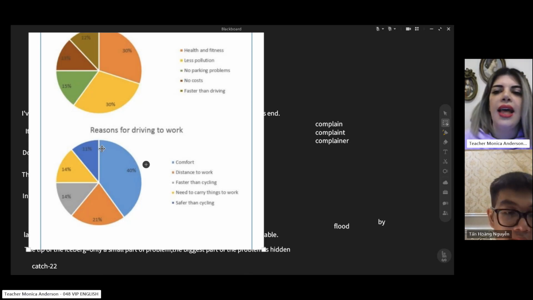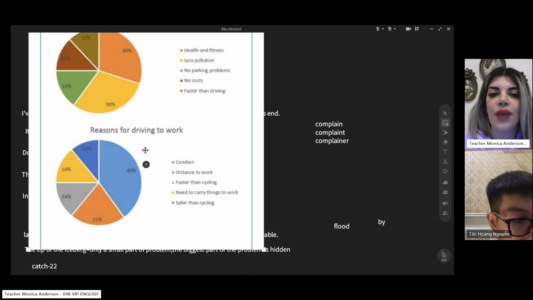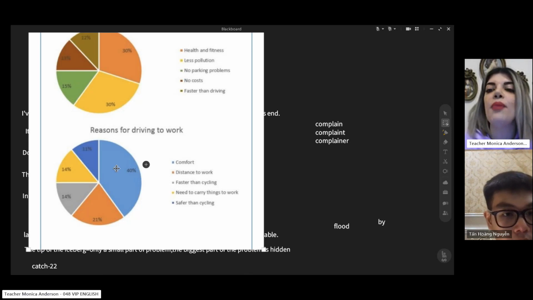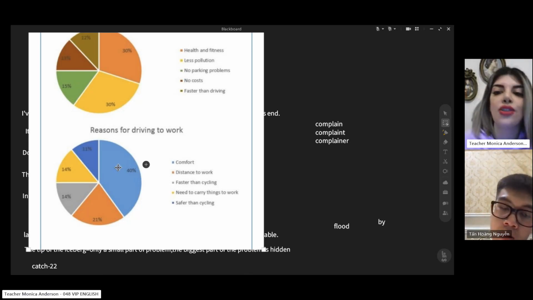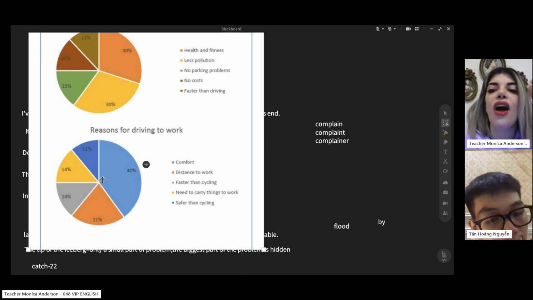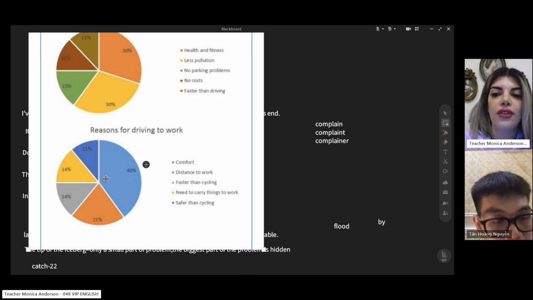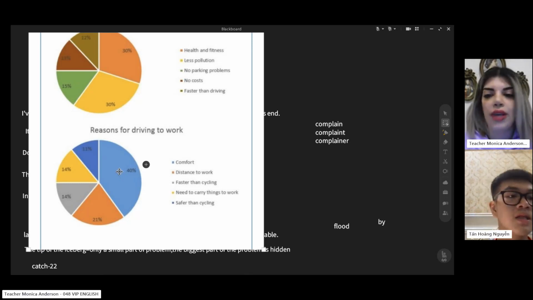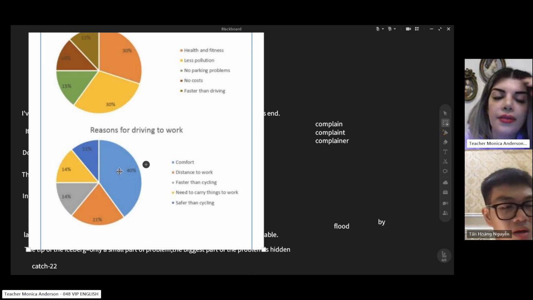But distance to work is a more important concern for just over a fifth of drivers, for 14% of people, a faster journey.